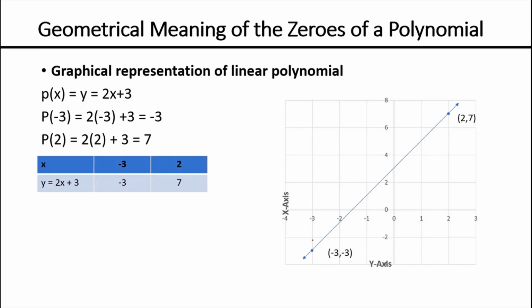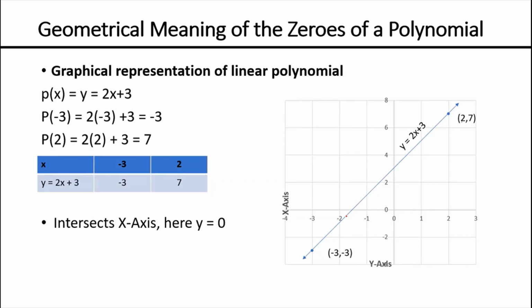Now we join these 2 points and we get the graph of the linear polynomial y = 2x + 3. As you can see, this line y = 2x + 3 intersects both the y-axis and the x-axis. But we are more interested in the intersection point of the x-axis and this line. Why?